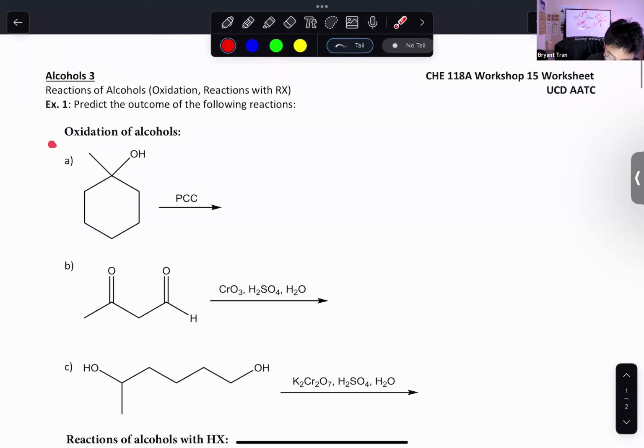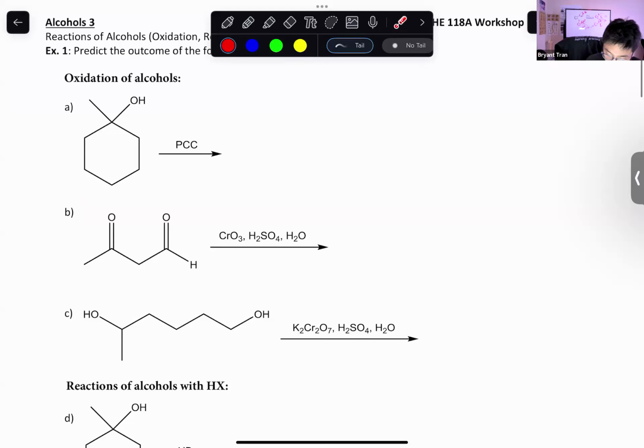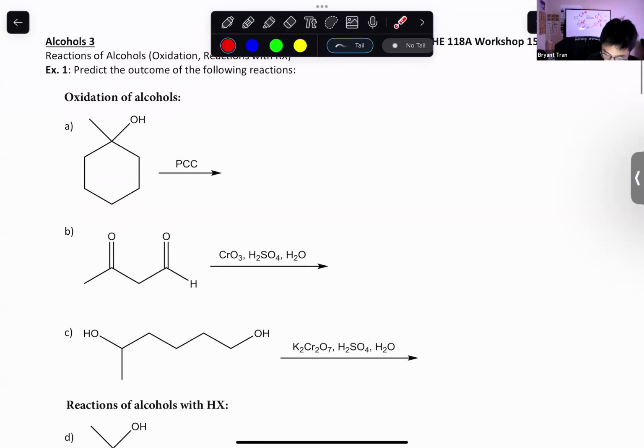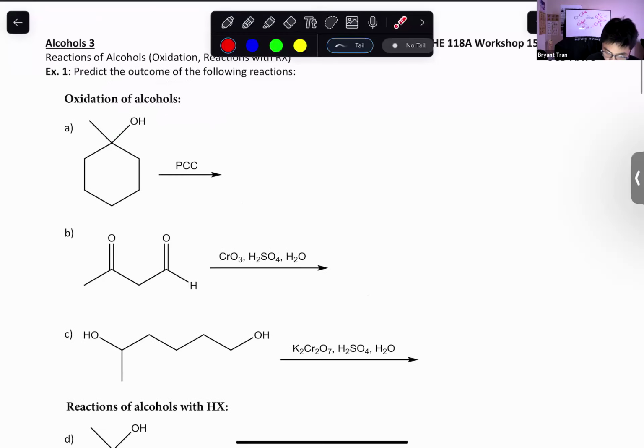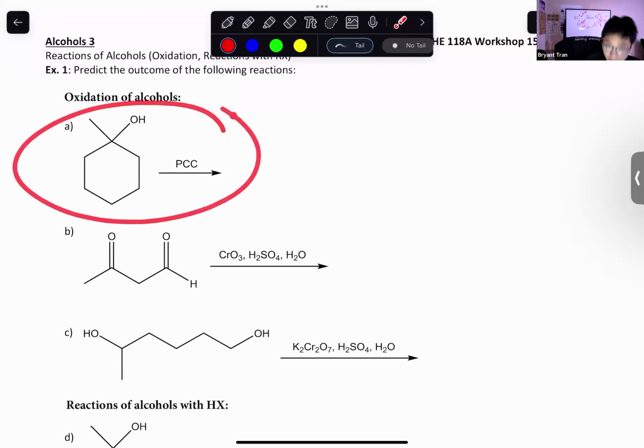So for these oxidation of alcohols reactions, the reactant molecule is going to give us some functional group, and the reagent is going to give us some oxidizing agent. Let's go through this one by one. What product would you predict for part A reaction here?